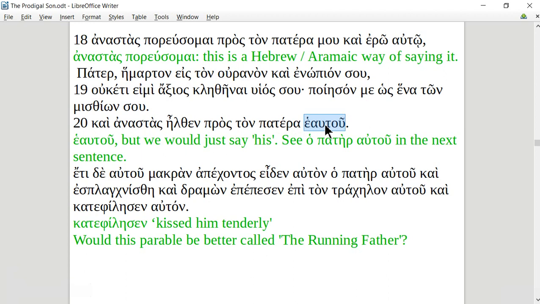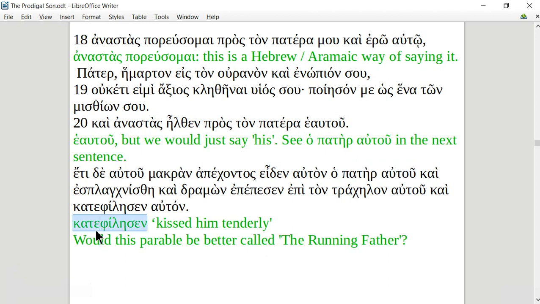But we'd probably just translate his father. And we see in the next sentence, it just says ho pater autou. So in Greek, there's obviously not a strong difference between these two pronouns, as there is in English. So in English, we would just translate them both by saying his father.